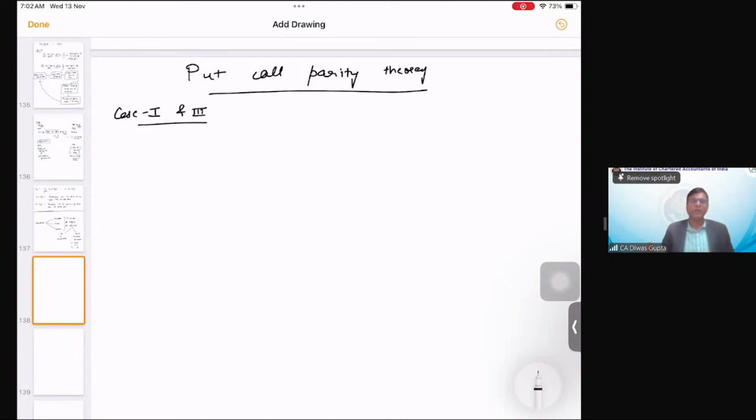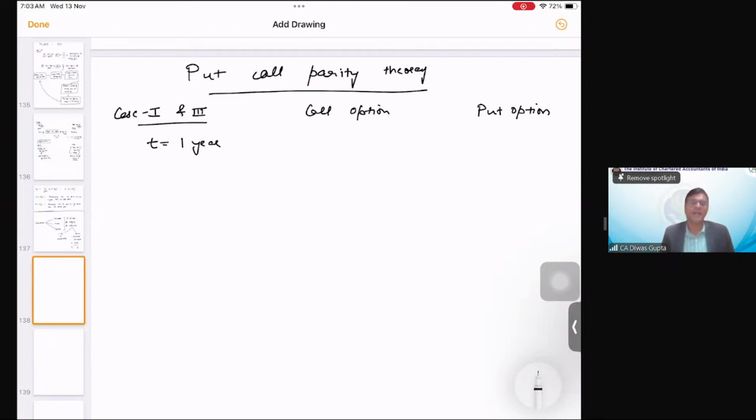So I'm just putting down certain facts which will be true for both the options. Let's say the time period is 1 year. We are talking about a call option and simultaneously a put option. Call option is the right to purchase.